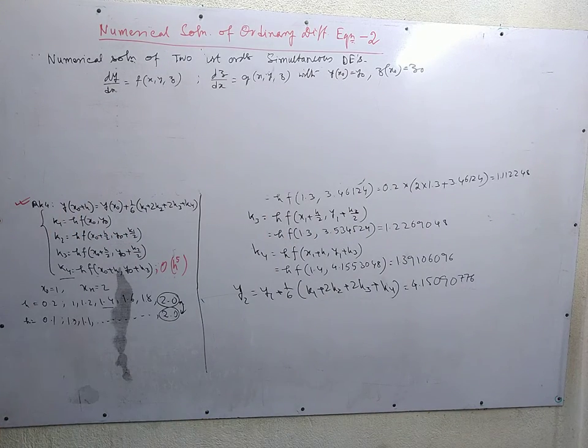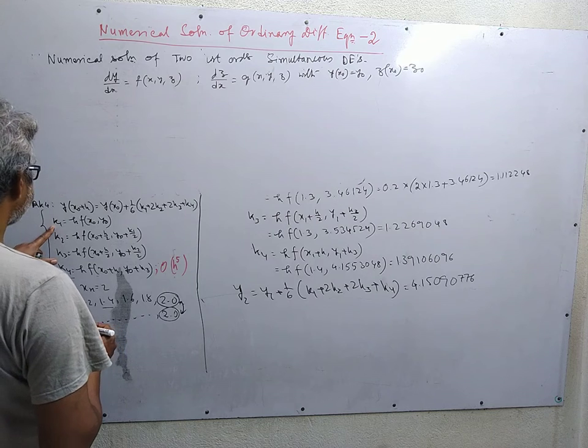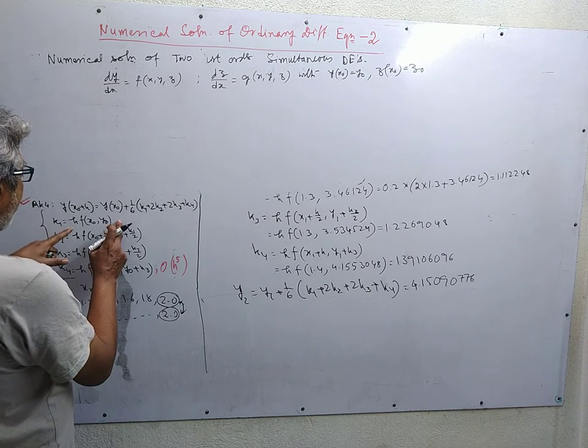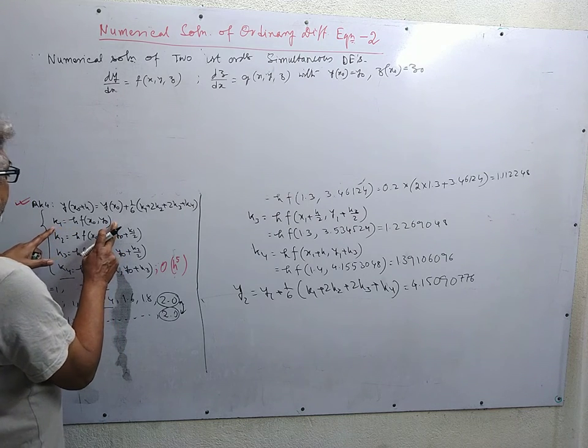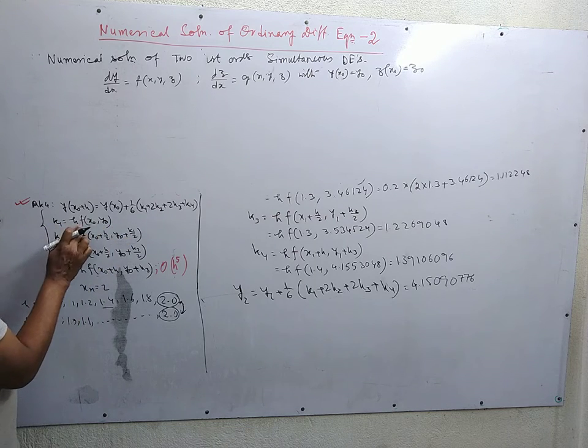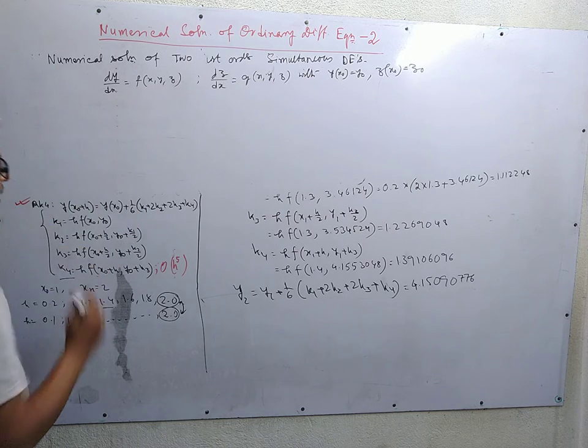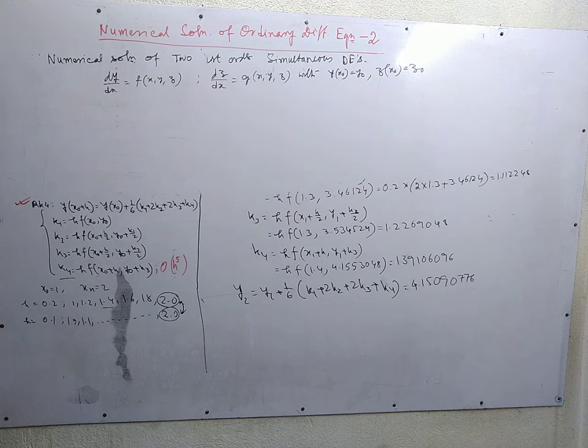Now, if we try to solve the first equation, then we first calculate this function. For a single variable, we have calculated this before. But here, the f and g are functions of x, y, and z.